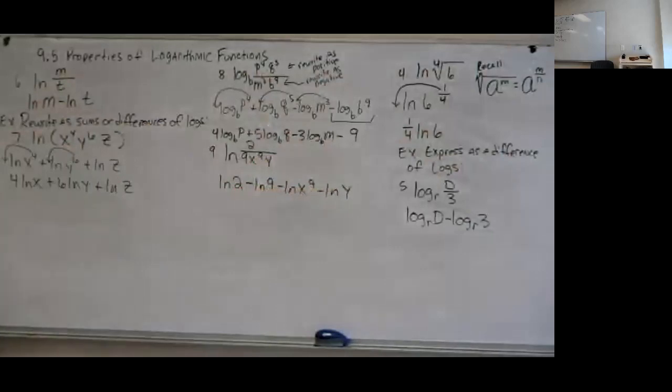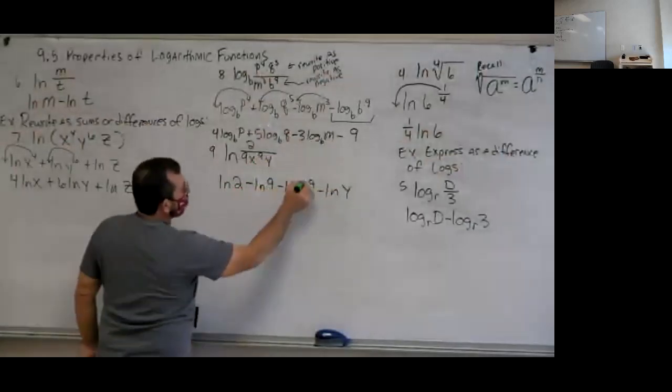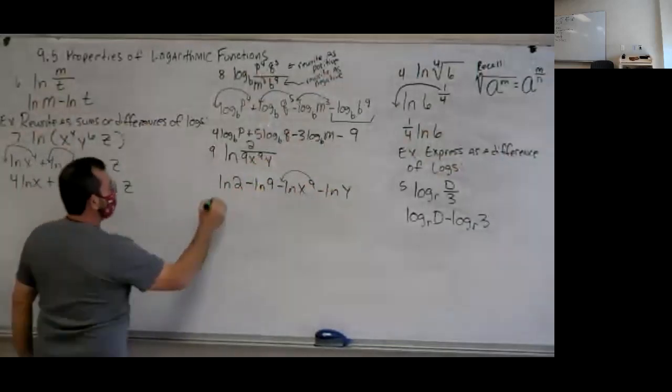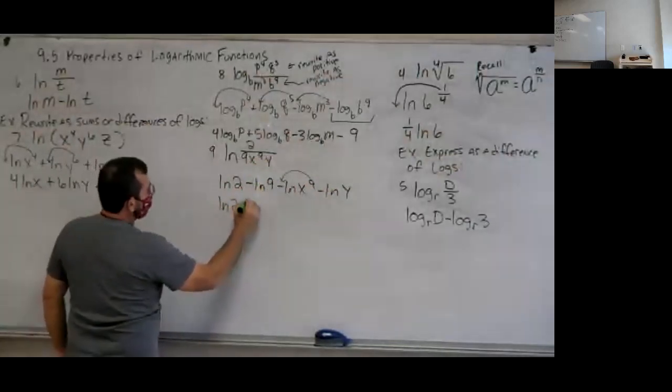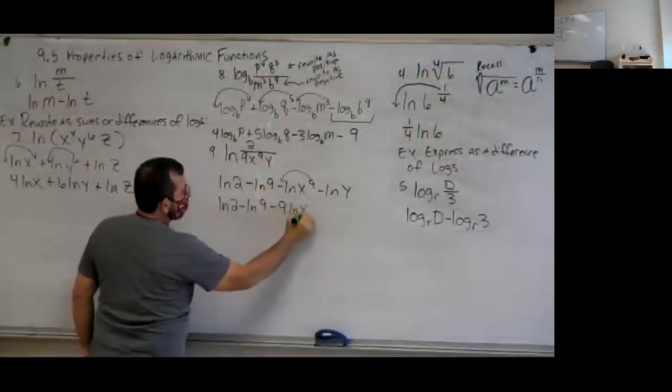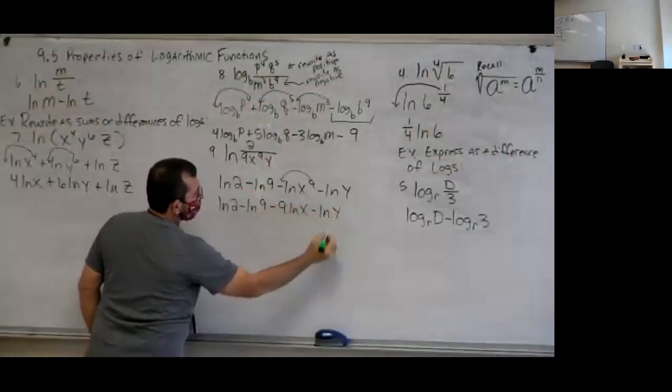Oh, and one more thing to do. And sadly, you got to do all this work just because of that 9. So here we go. ln of 2 minus ln of 9 minus 9 ln of x minus the ln of y.